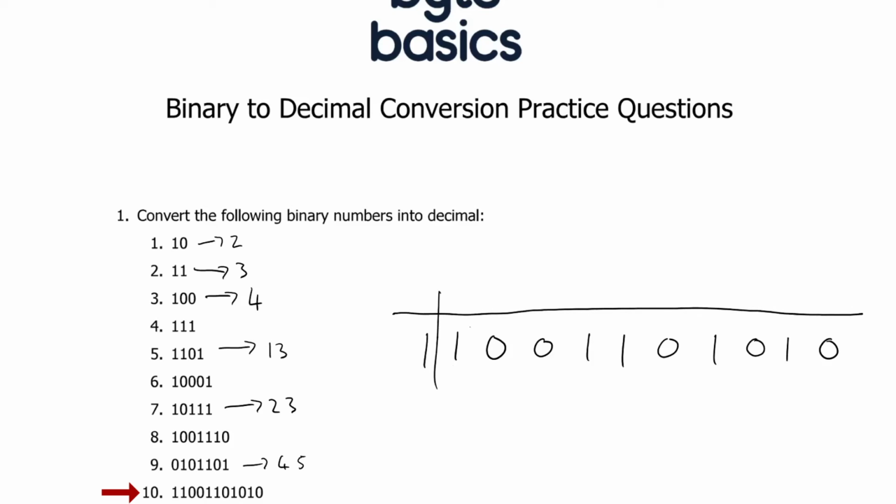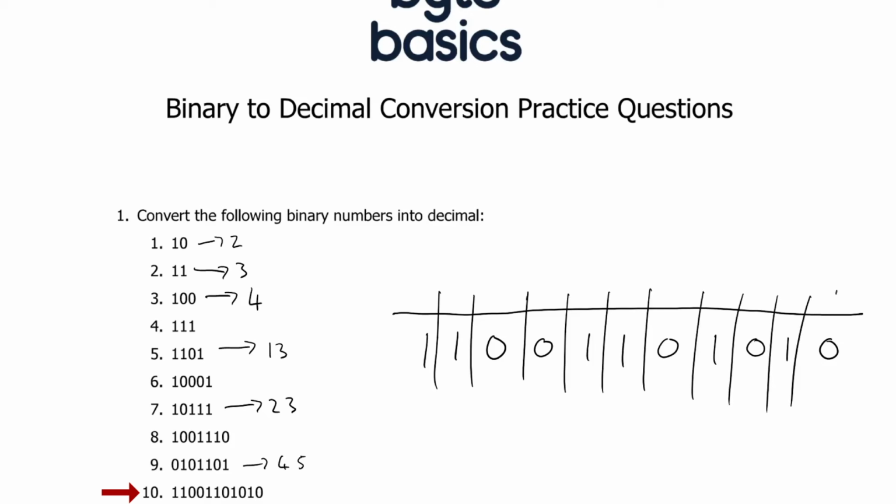Let's draw in columns. Put the 1, do the doublings. 2, 4, 8, 16, 32, 64, 128, 256, 512, and 1024.